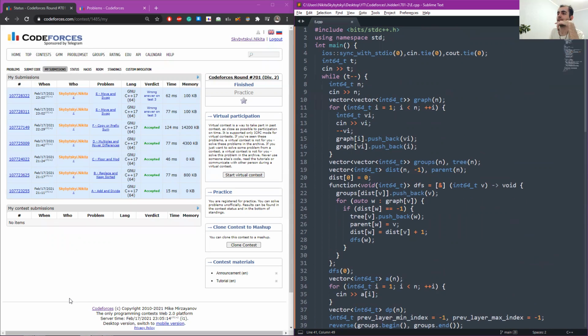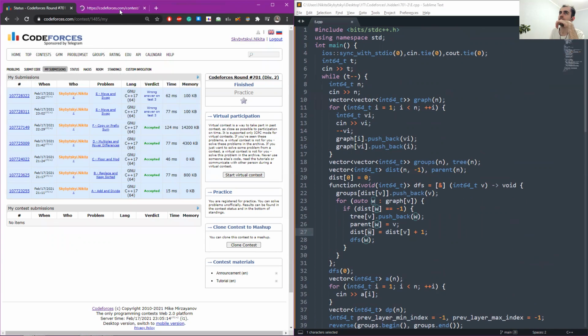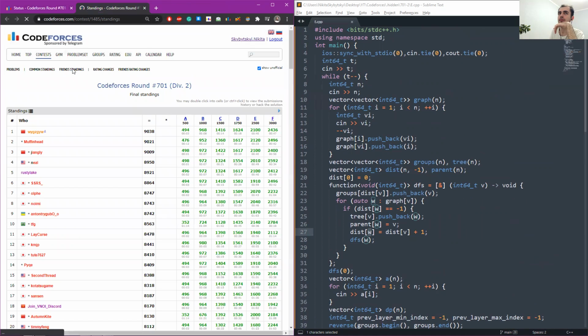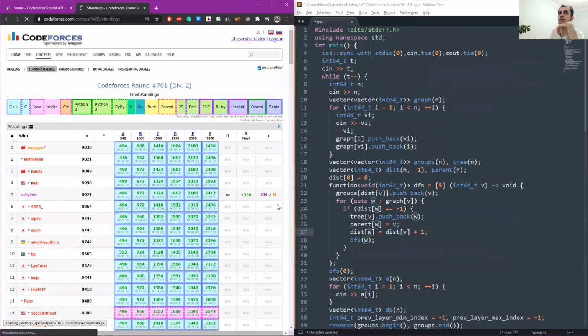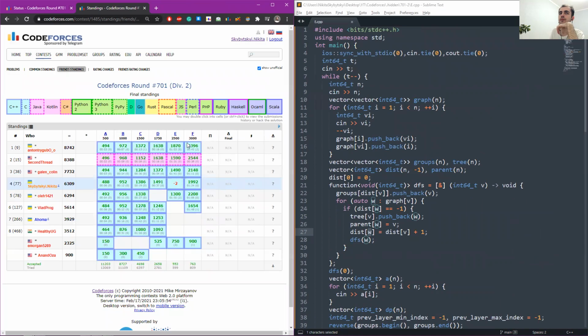Okay. I'll try to solve it later on. I'm not sure what will be the result of these attempts. Not perfect, but not bad, you know.